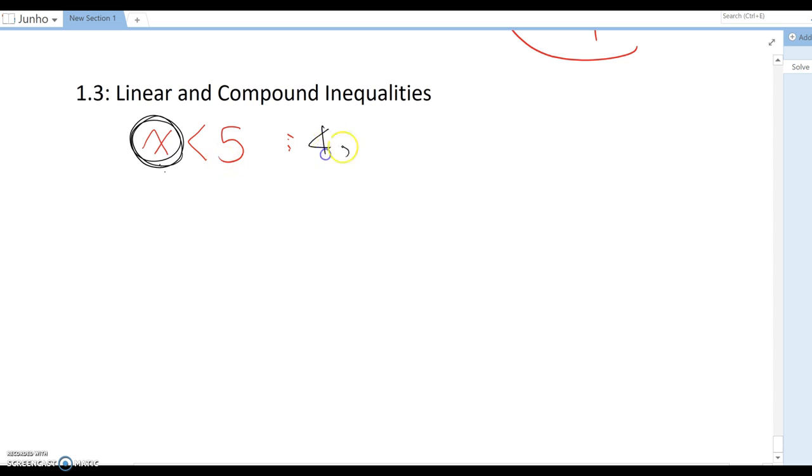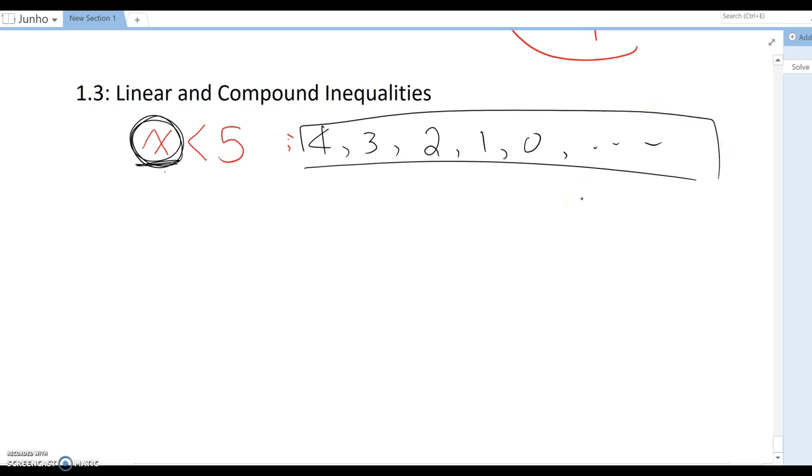Such as 4, 3, 2, 1, 0, and so on. Because x can have more than one answer, we cannot write a list of the answers. Often we use a graph and then interval notation.